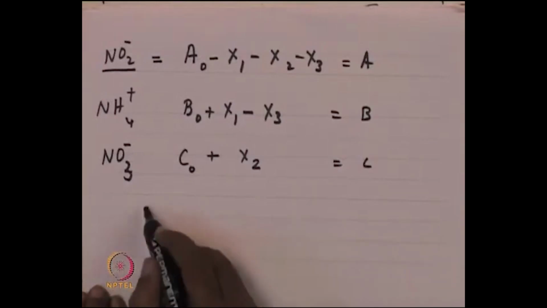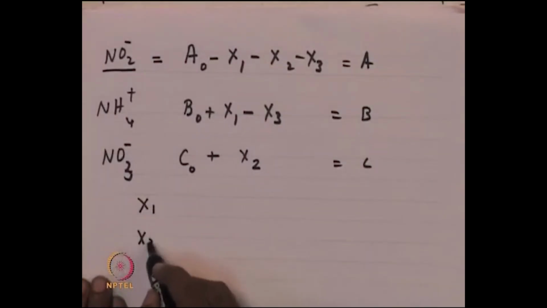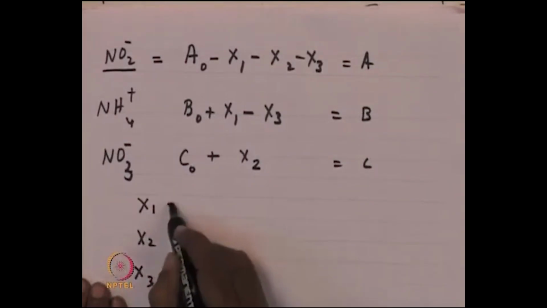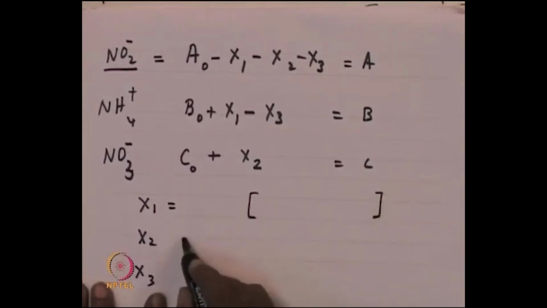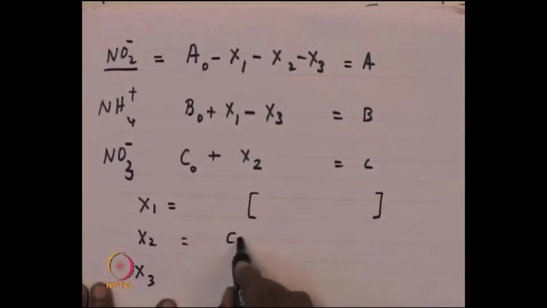Now, can you tell me what is x 1, what is x 2 and what is x 3? I will write the answers, please tell me whether it is okay. So, this is equal to C minus C naught, is it? Is it all right? Yes or no?